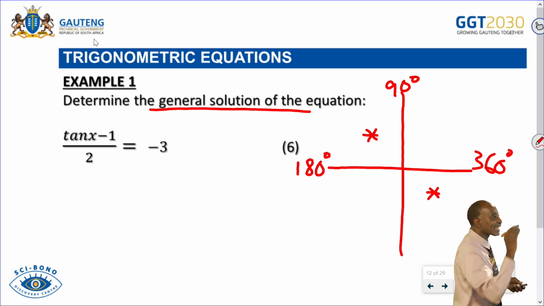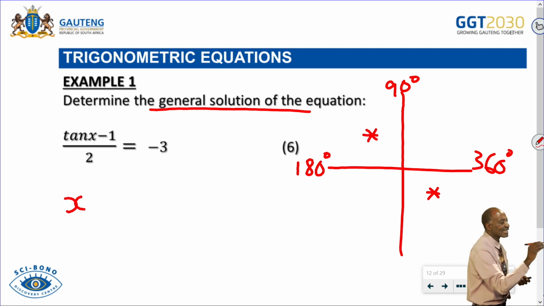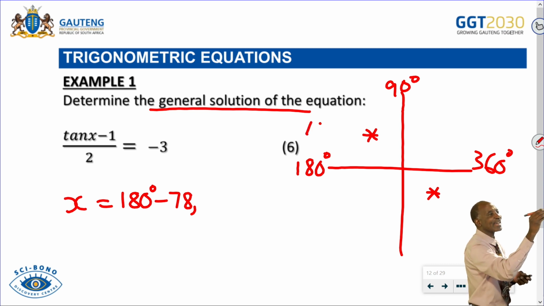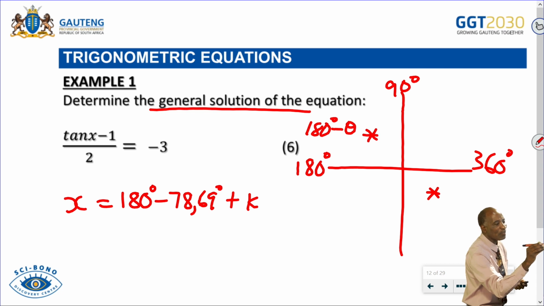So if I'm in the second quadrant here, I'm going to say, therefore, my x as a solution is going to be 180 degrees minus my reference angle, which is your theta. Remember, this is 180 degrees minus theta. So we subtract that 78.69, then add your period for tan, which is 180 degrees.